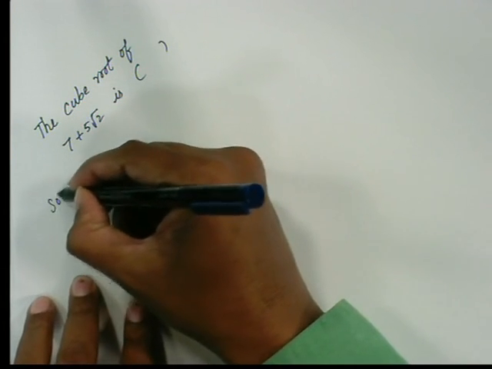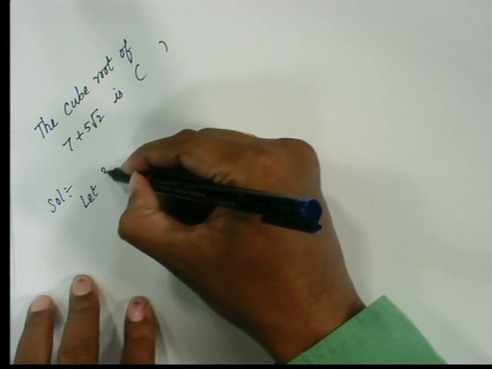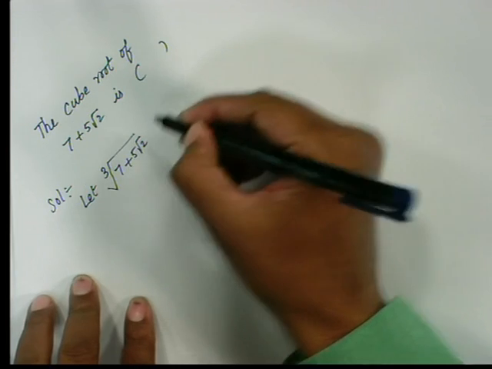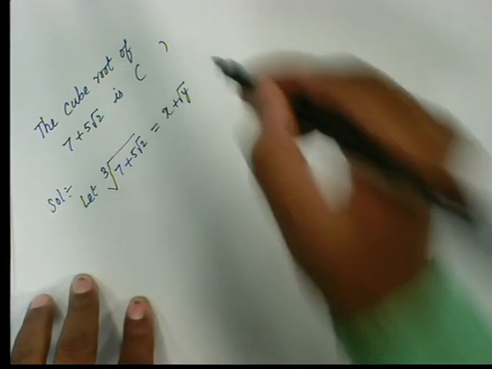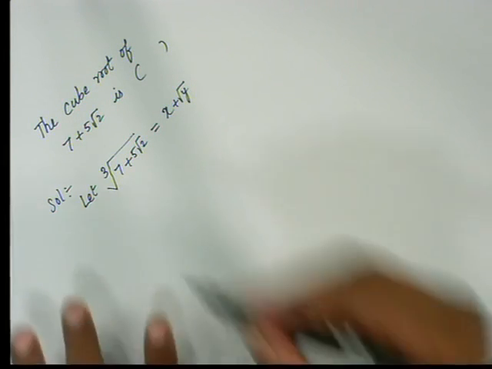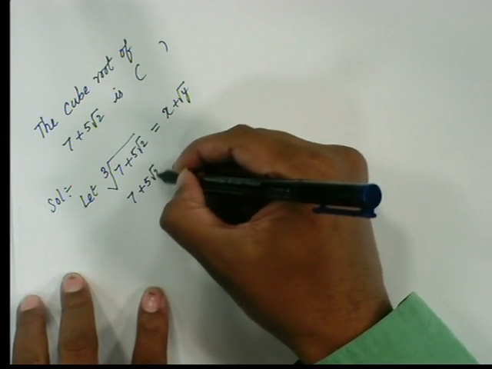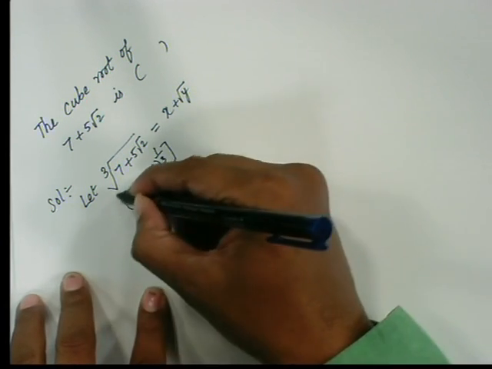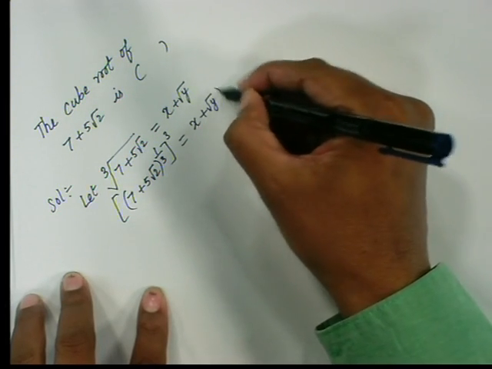So, here, first let us say the cube root of 7 plus 5 root 2 is equal to x plus root y. Now cubing on both sides, we get 7 plus 5 root 2, this whole to the power of 1 by 3, whole cube, equals x plus root y whole cube.